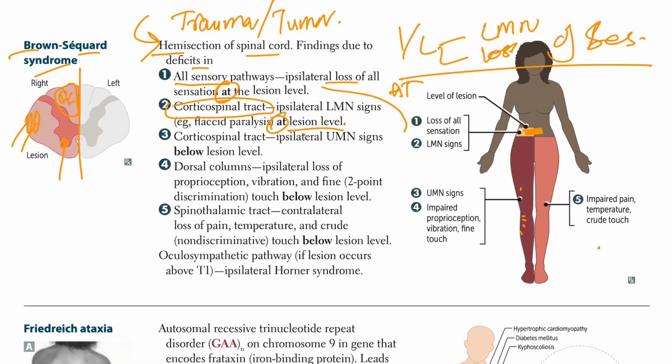Okay, at the level of lesion, the corticospinal tract is out. And the next thing is about your corticospinal tract ipsilaterally, it is going to give you an upper motor neuron lesion below the lesion level.